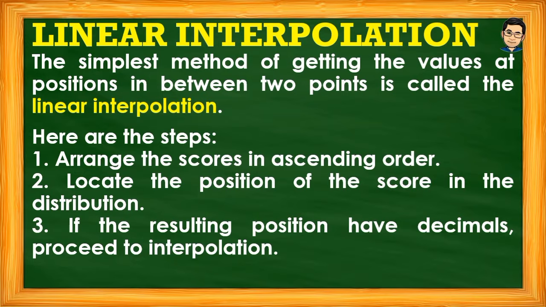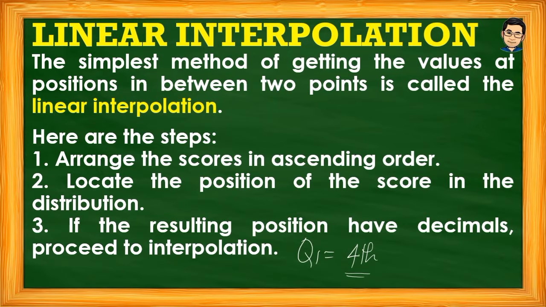Not all positions we get for quartile 1 and quartile 3 use linear interpolation. When the position is exact, for example, Q1 is located at the fourth data in the distribution, we don't need to use linear interpolation, because we simply look for the fourth data in the given distribution and get the value of quartile 1.